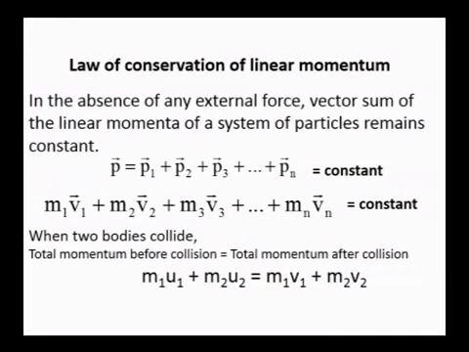When two bodies collide, the total momentum before collision equals the total momentum after collision. This can be formulated as m1 u1 plus m2 u2 is equal to m1 v1 plus m2 v2. Now let us see a small demonstration of this law.